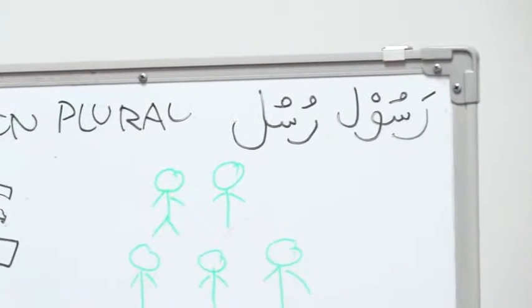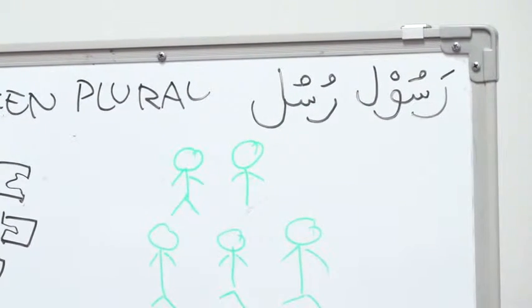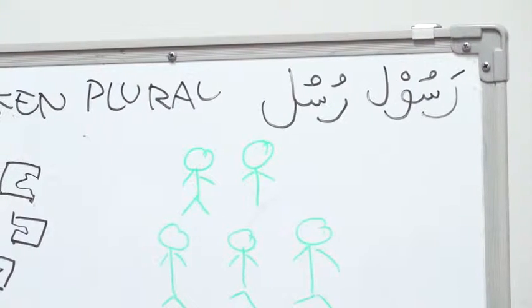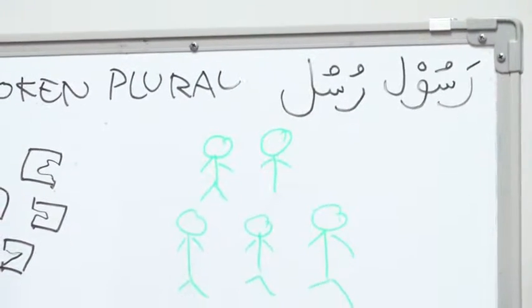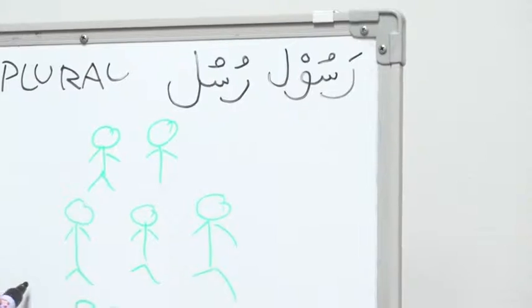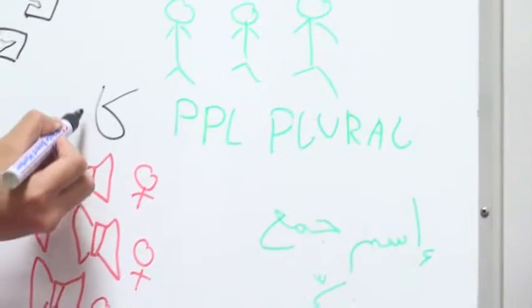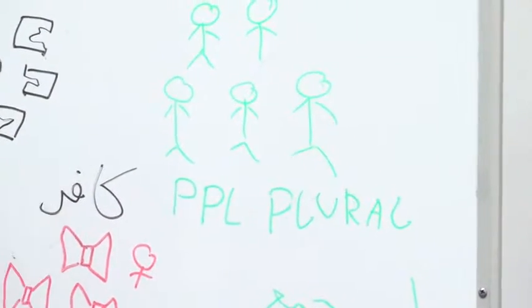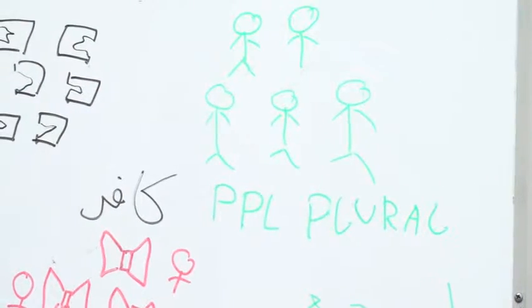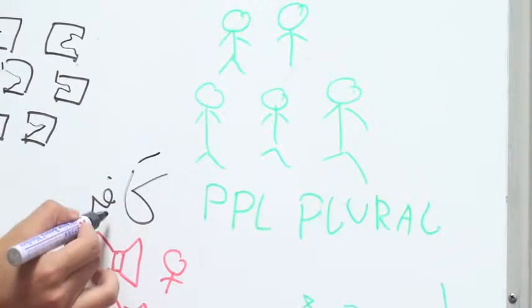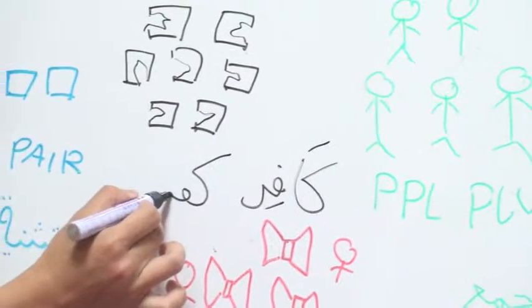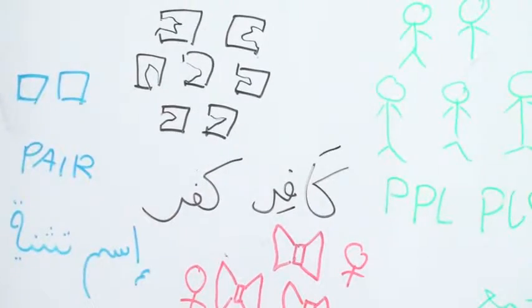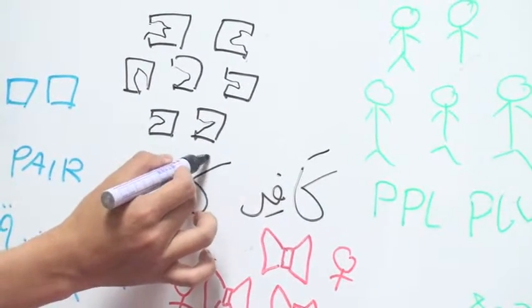You can find these examples inside your daily module, page number 1. And the last one is kafir. The jama' would be kufur, kufuran, kufurin.